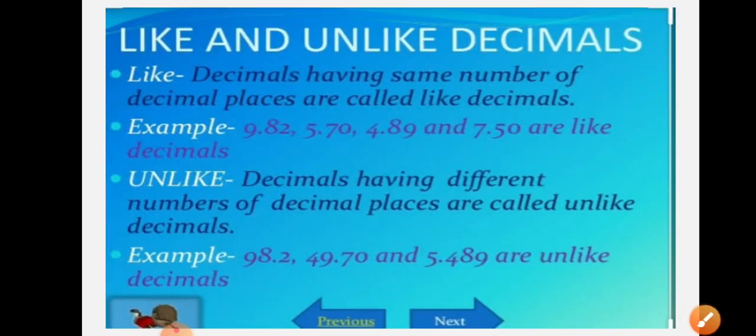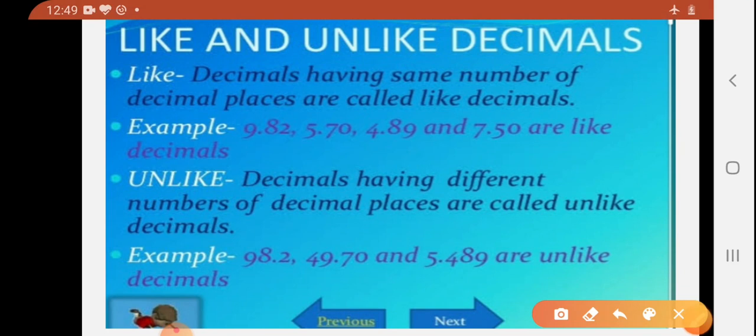Now the next topic in your book is like and unlike decimals. Like and unlike decimals are simple. Decimals having the same number of decimal places are called like decimals. Here you can see in the example, after the decimal there are 2 digits, again 2 digits, again 2 digits.